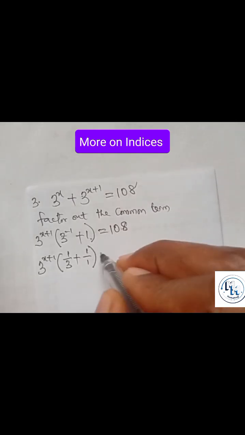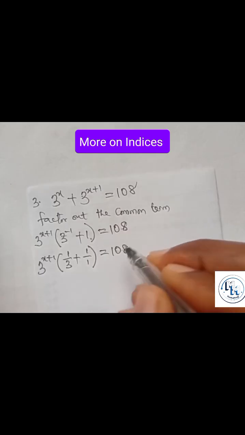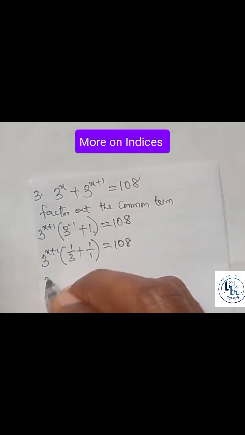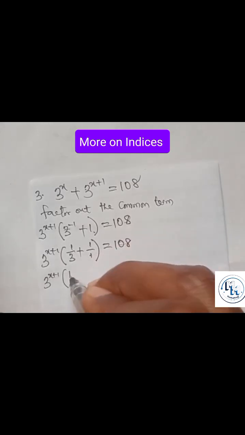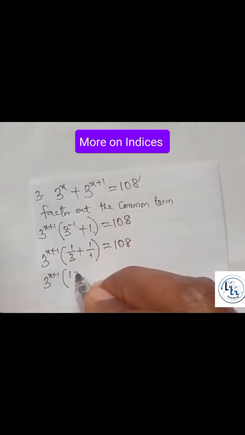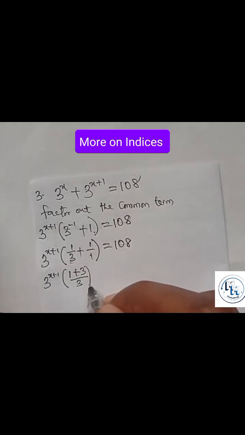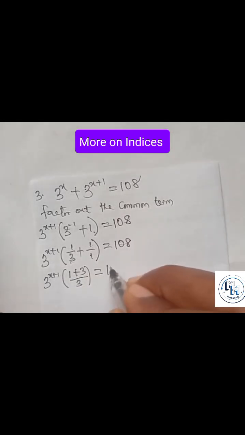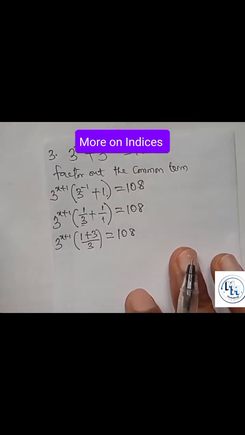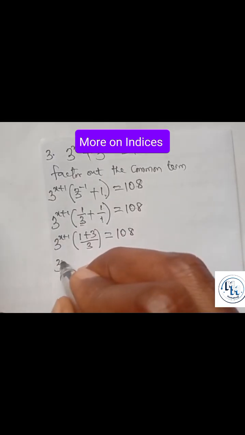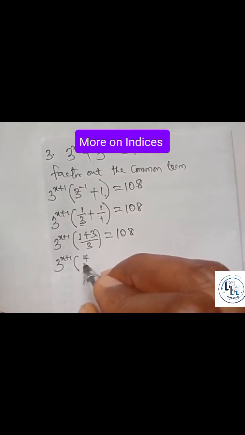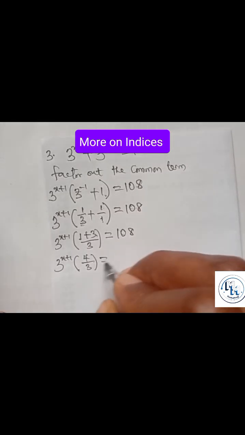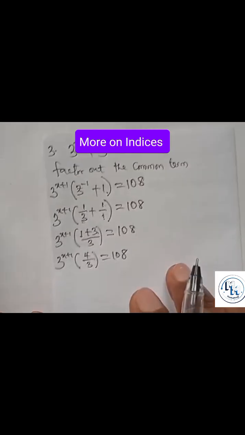So we continue our work now. 1 times 1 is 1. 3 times 1 is 3. 3 times 1 is 3, equal to 108. Let's continue. 1 plus 3 is 4/3, equal to 108.